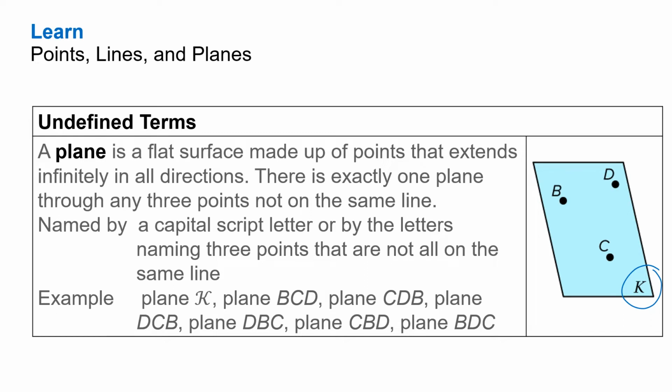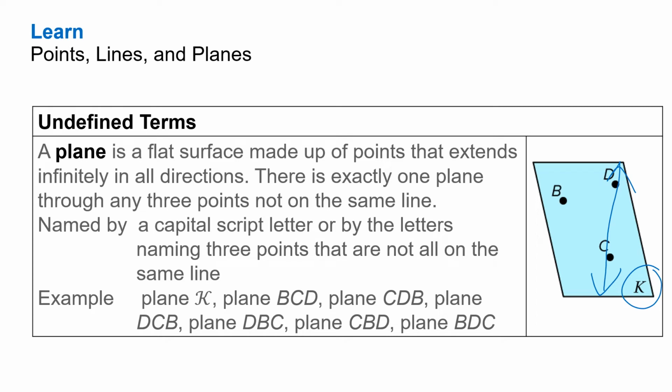And what we can do here is draw a line between C and D, because we are allowed to draw a line between any 2 points. Now notice that point B does not lie on the line that I drew between C and D. So we can use D, B, and C in any combination to name this plane.